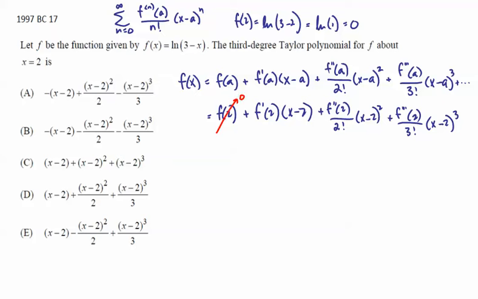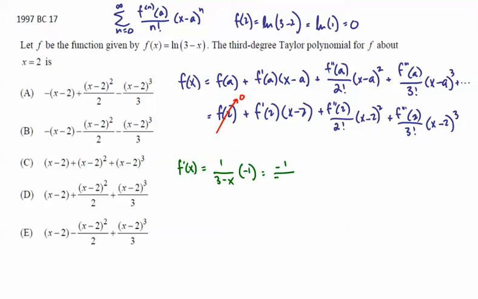Now we need the first derivative. F prime of x is equal to 1 over 3 minus x times negative 1, using the chain rule.